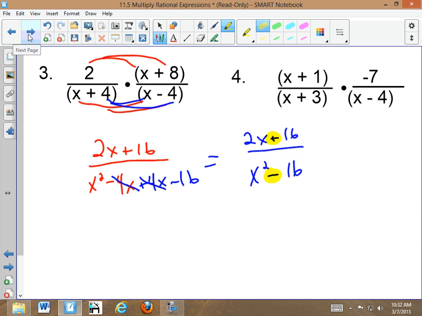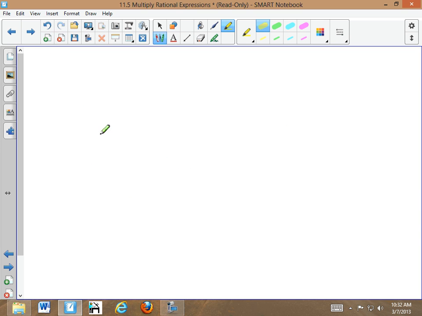Okay? One last thing I want to talk about is the difference between multiplying letters with exponents and adding letters with exponents. 3x cubed plus 8x cubed equals, I'm adding, I'm not multiplying. This equals 11x cubed.